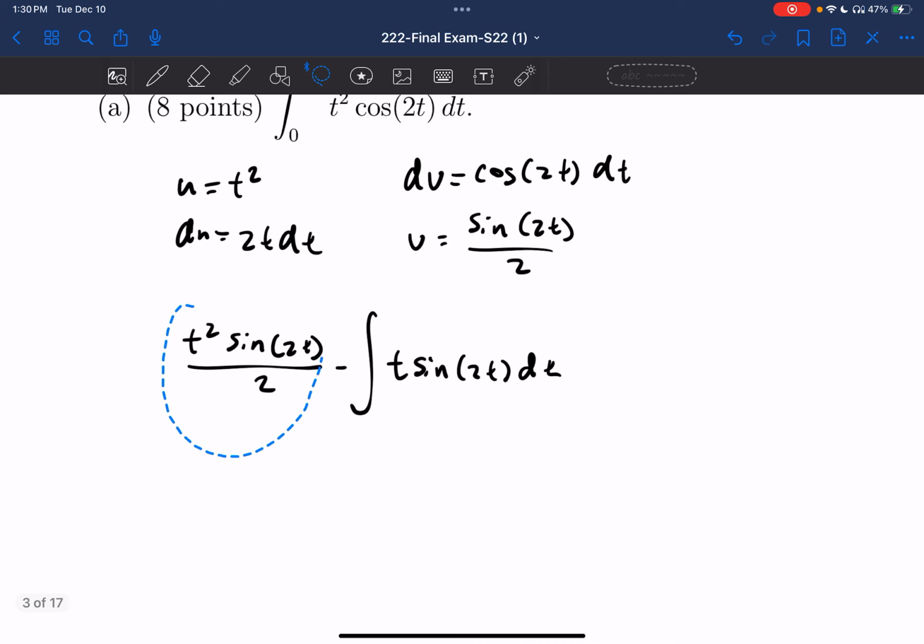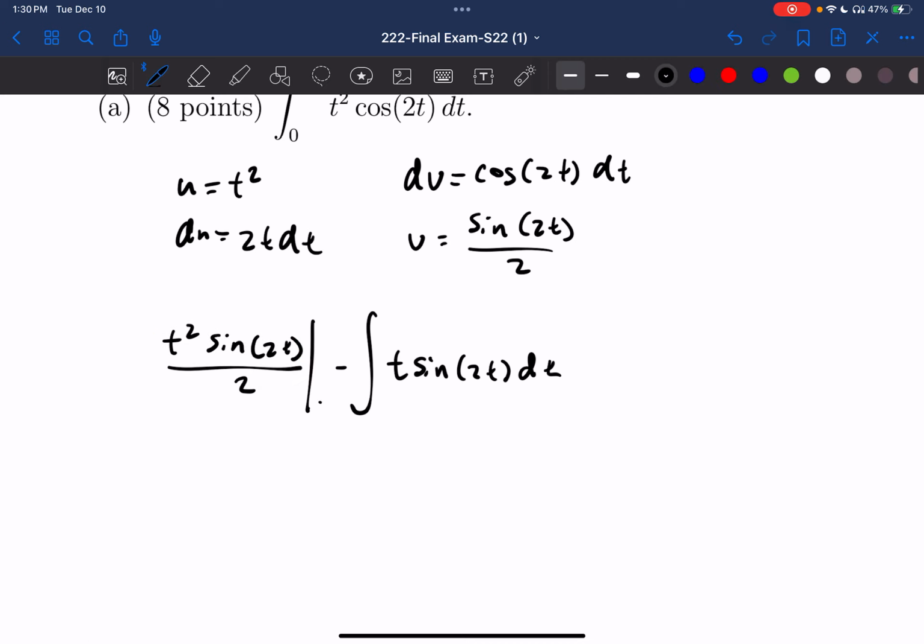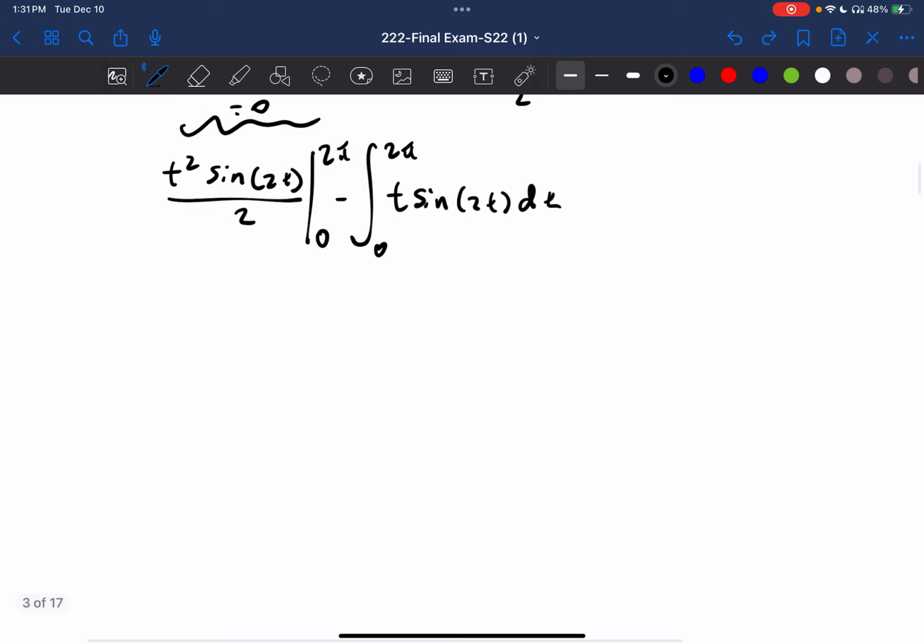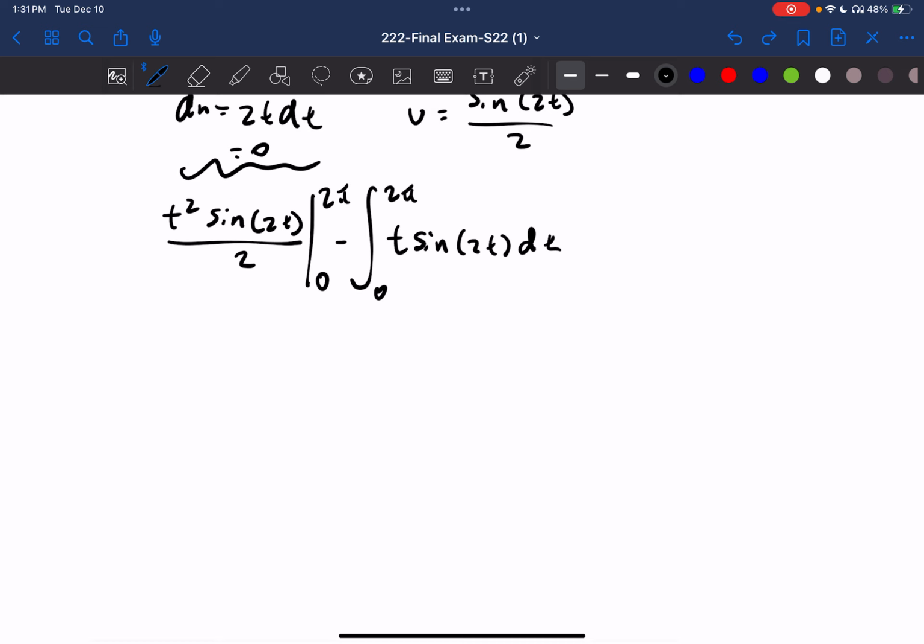And we should probably write our bounds, or the limits of integration. Here, we can notice this part right here will be equal to 0, because when you plug in 2 pi and 0 into t, you will get 0. So we can ignore this, basically.